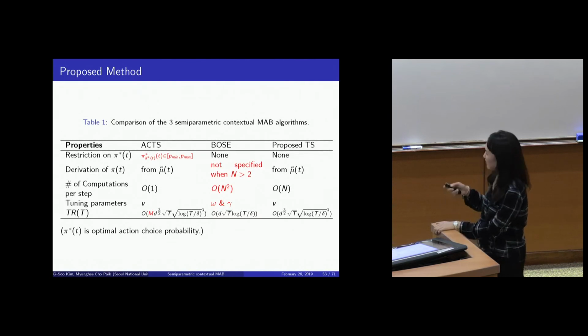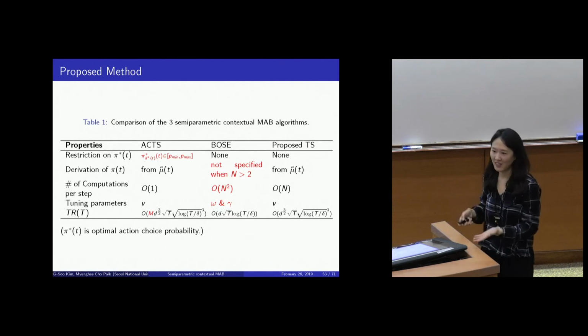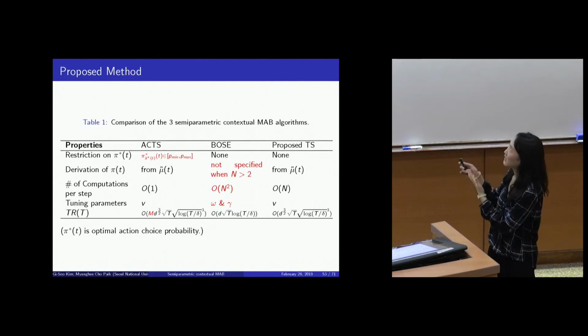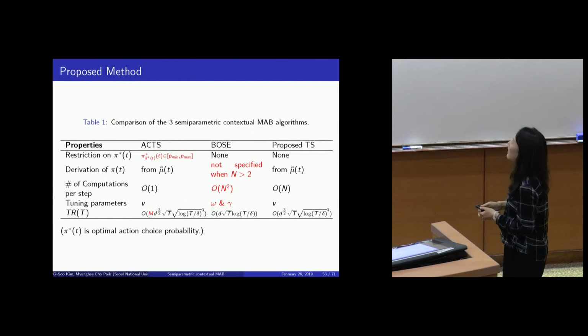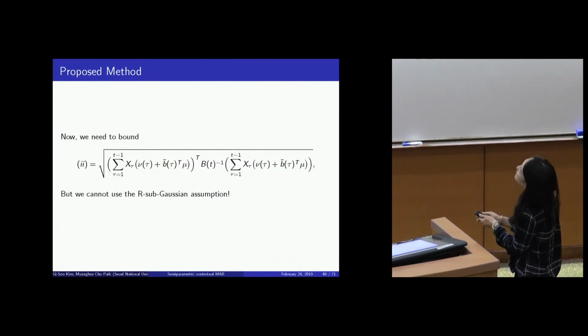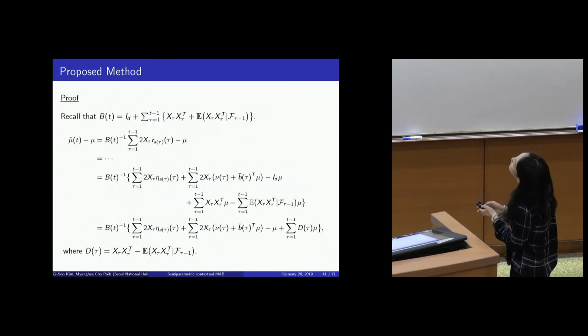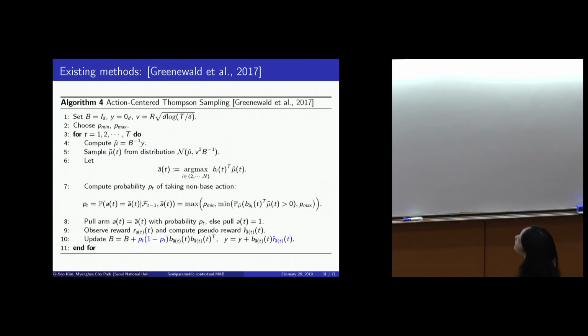Okay. In fact, one reason is, as you said, a practical reason: to prevent converging to deterministic policies. But the second reason is that without this, the regret bound can explode, because in the ACTS algorithm we use the pseudo reward for estimating the regression coefficient mu.